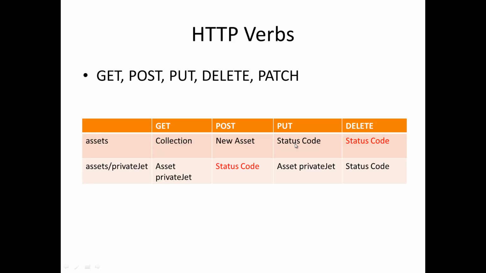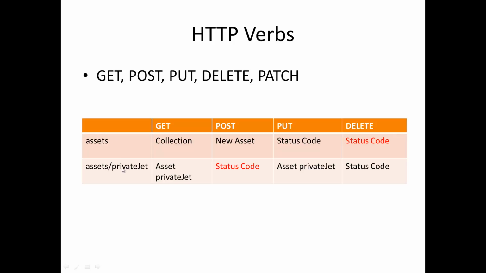With put, what I'm going to get is a status code, whereas as we just saw for post, the standard is to return the newly created object. And for delete, we're going to get an error response. That's why it's red. Because you cannot delete all resources. That's just another default in REST. You do not allow to perform a delete operation on all resources.